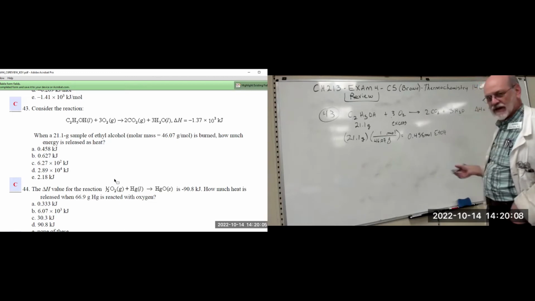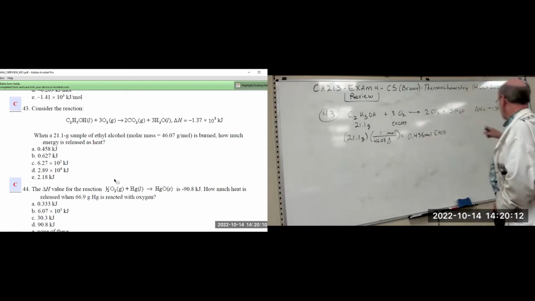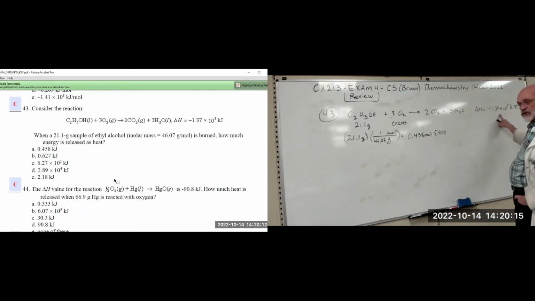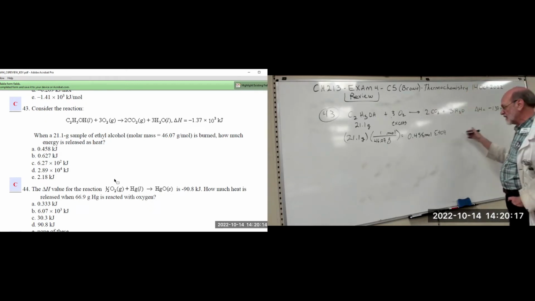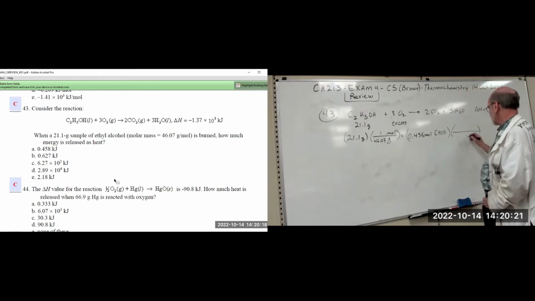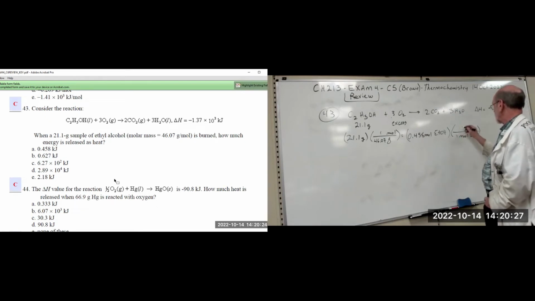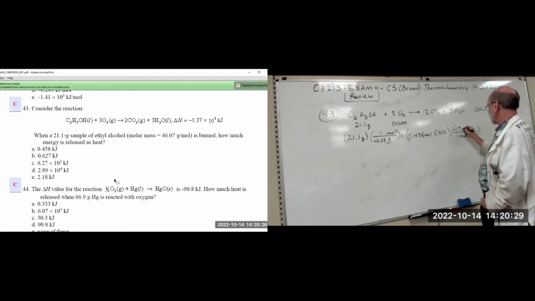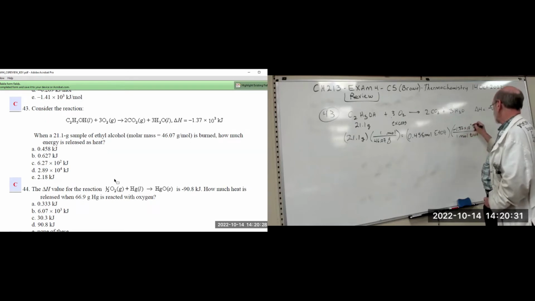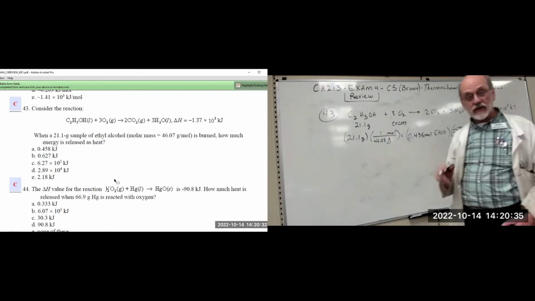So that's my shorthand. Okay, this is how many moles, and this is how many kilojoules per mole. So if we take that and multiply by this, per mole of ethanol is minus 1.37 times 10 to the third kilojoules. That'll give us our answer in kilojoules.